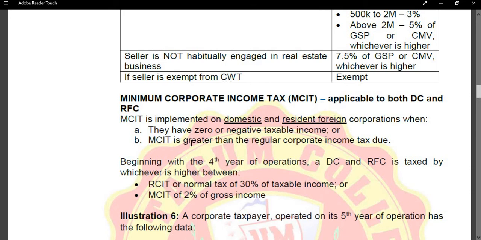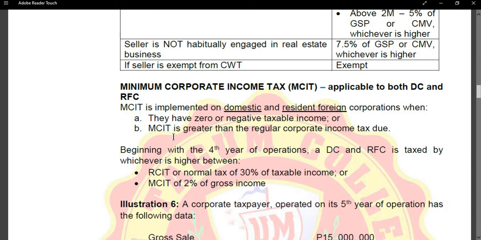Okay? For letter B, if MCIT naman is greater than the regular corporate income tax, then you have to pay MCIT. Okay? We discussed this kanina, yung pro forma computation. If MCIT is higher than the regular corporate income tax, then you have to pay the amount for the minimum corporate income tax.